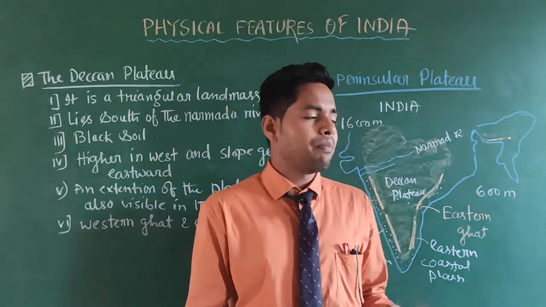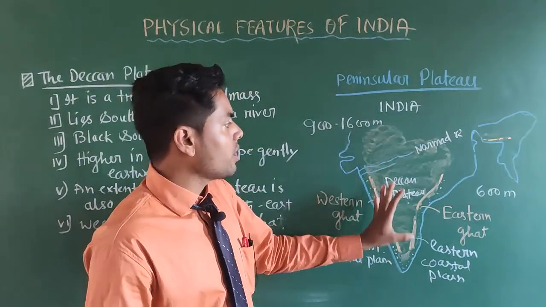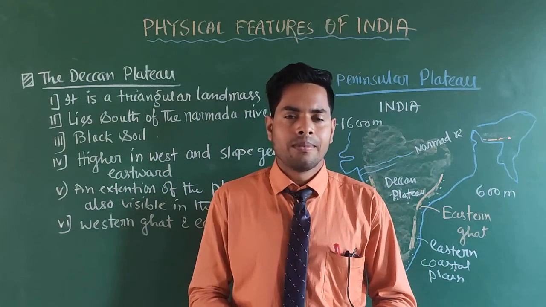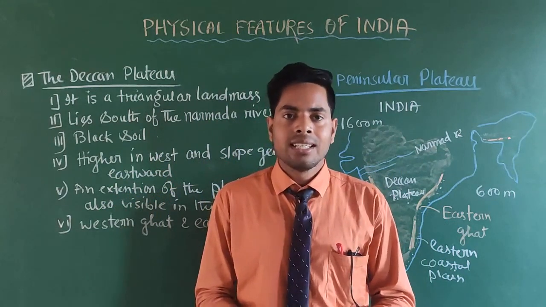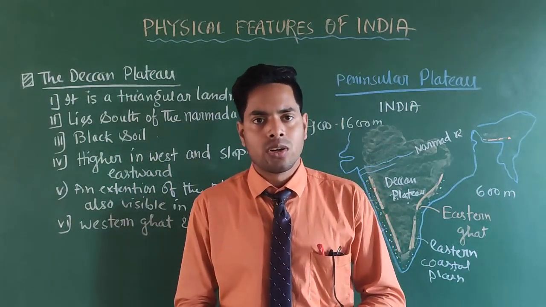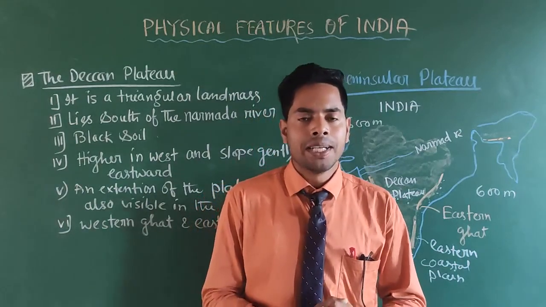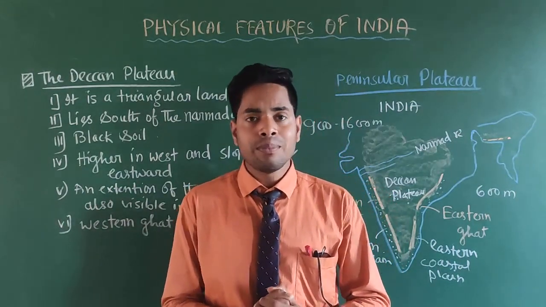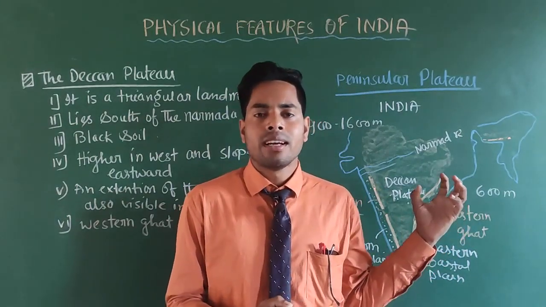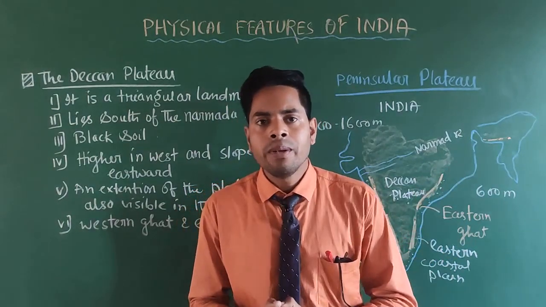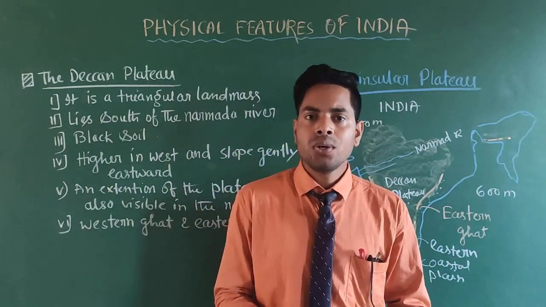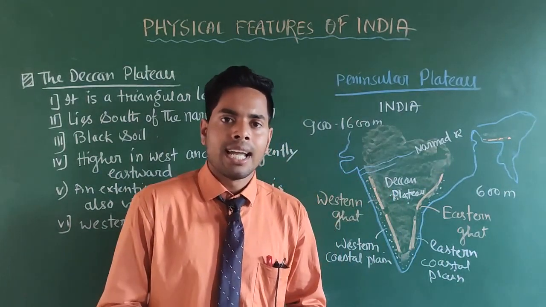Now we focus on the Peninsular Plateau. This Peninsular Plateau is covered by black soil. Black soil is formed from the decomposition of basalt rock. Basalt rock is an example of igneous rock. That means these landform features are formed due to volcanic activity.